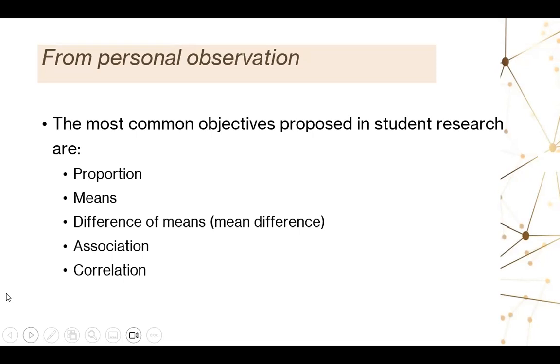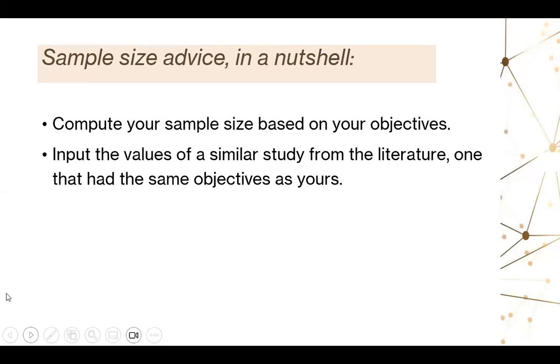From personal observation, I see that the most common objectives proposed in student research are the following: proportion, means, difference of means or the mean difference, association, and correlation. Before we go into the details of all the formulas for various objectives, this is my sample size advice to you in a nutshell.